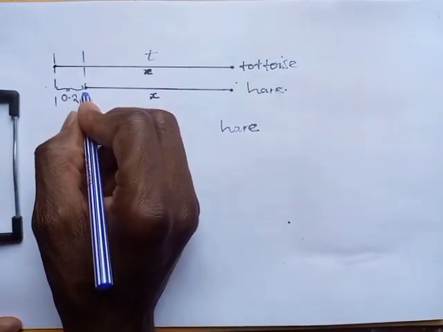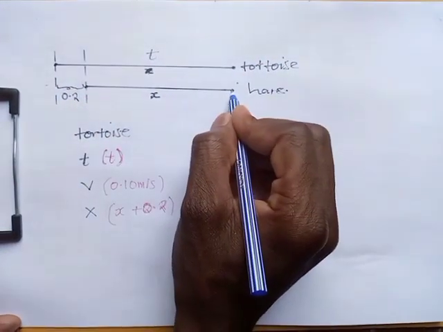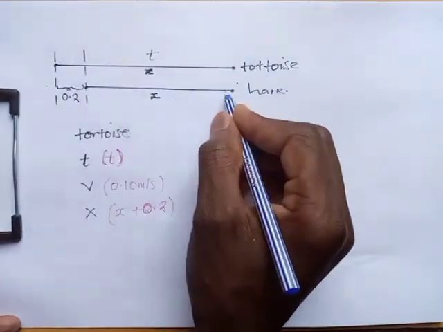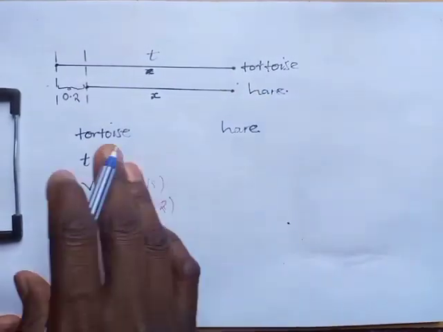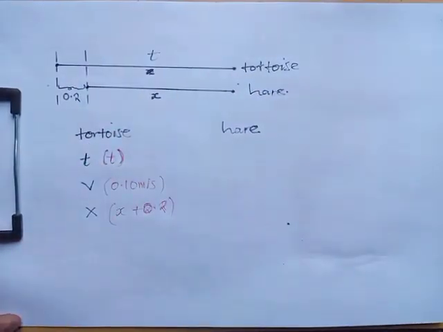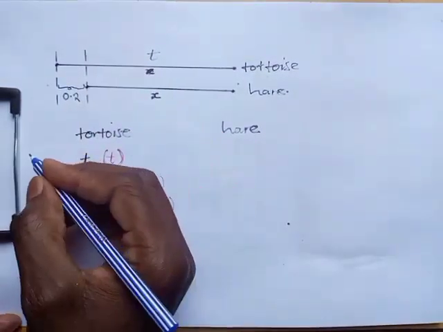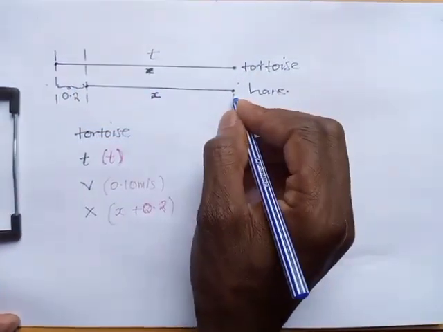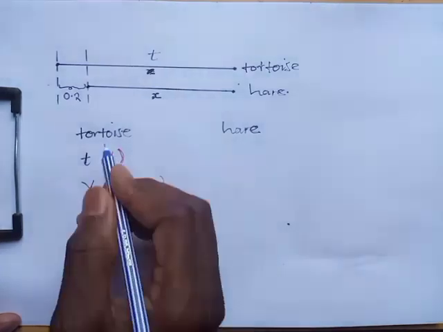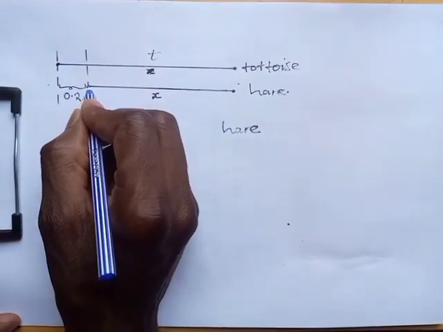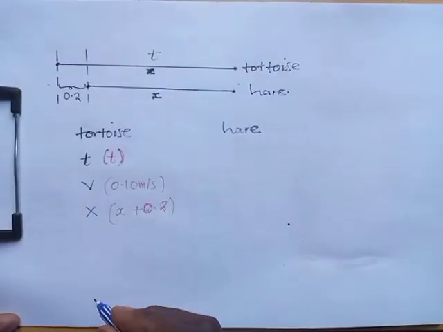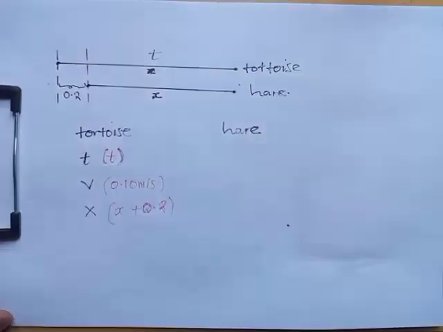So for you to find the time it took to cover this displacement, what are you supposed to do? By the way, this displacement was meant for the race.